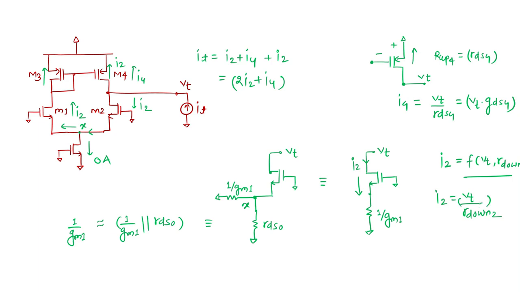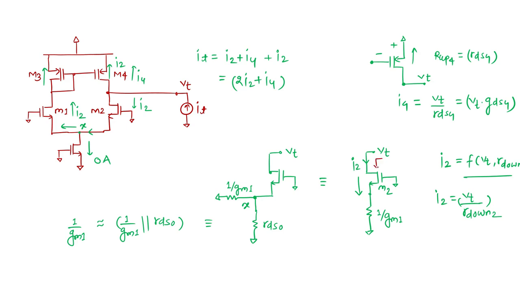So first I'll look for R down 2. This is the M2 transistor, and this particular impedance looking at this node I am calling R down 2. Let me change the color of the pen so there is no confusion.